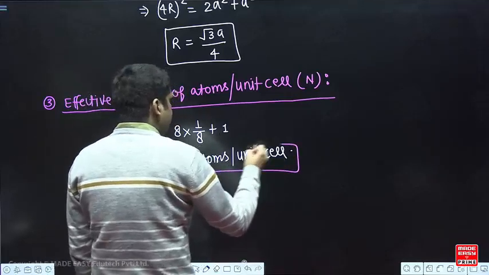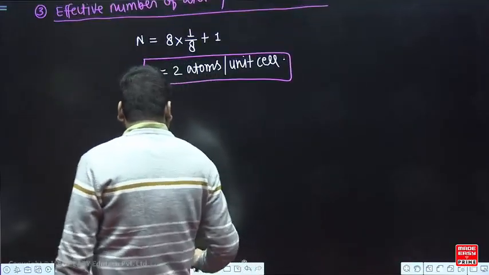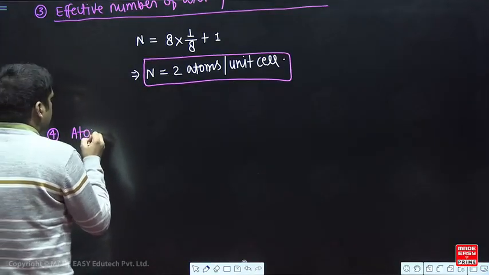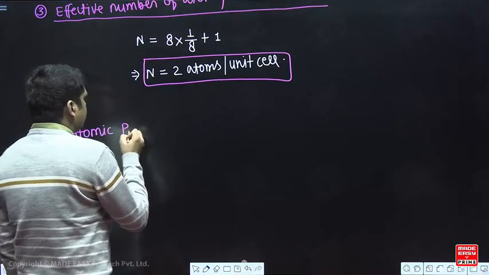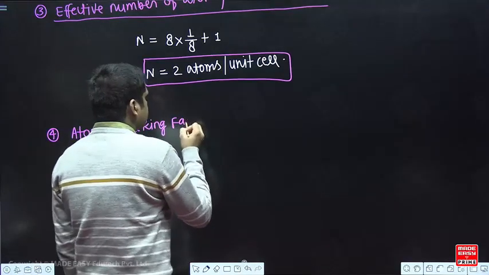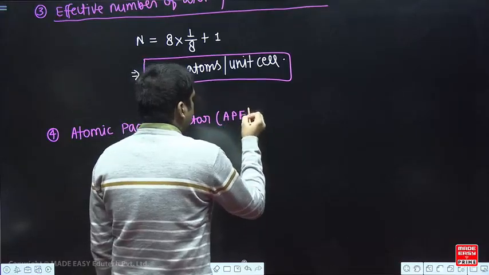Now the last parameter is the atomic packing factor, the fourth one, popularly known as APF.